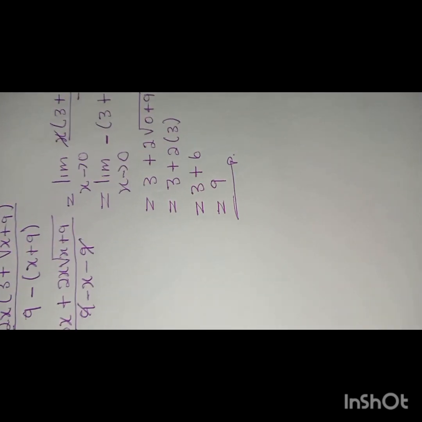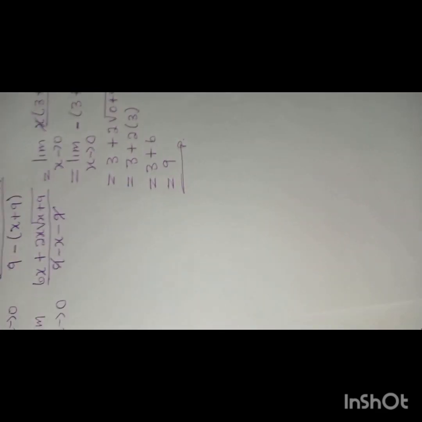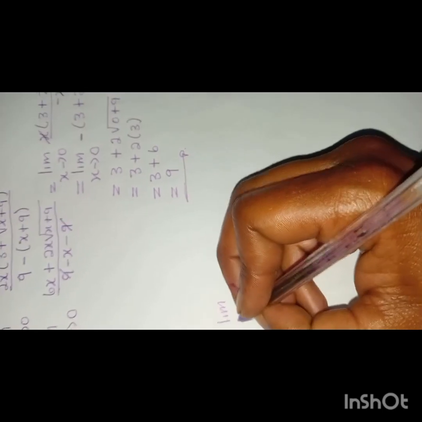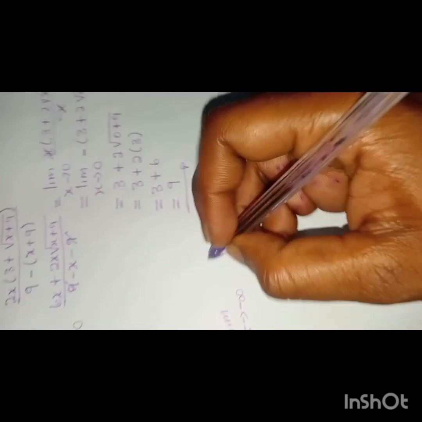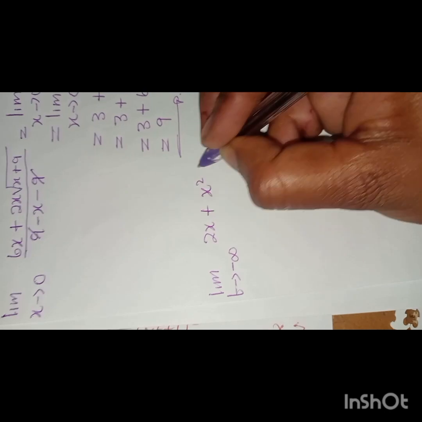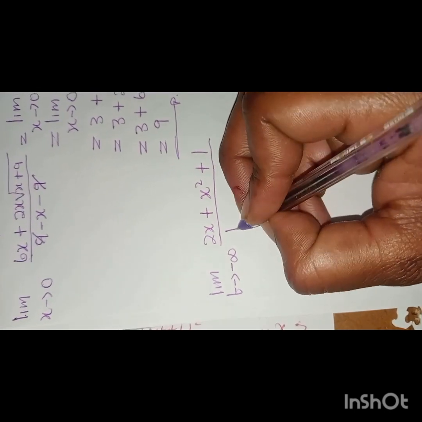Okay, let me do the other one. The limit as x approaches negative infinity of (2x plus x squared plus 1) all over (1 minus x plus 2x squared).